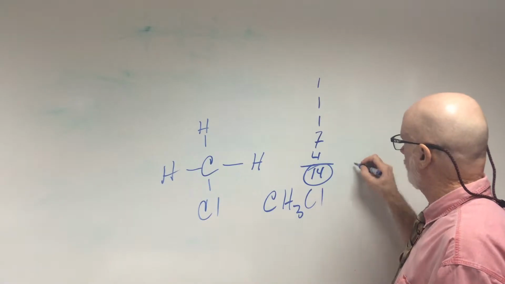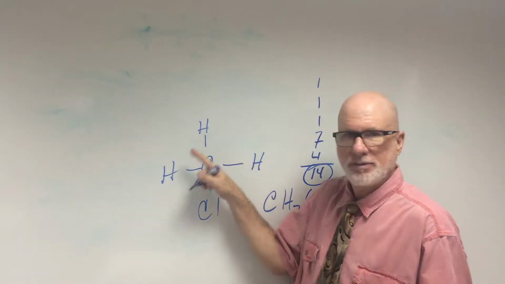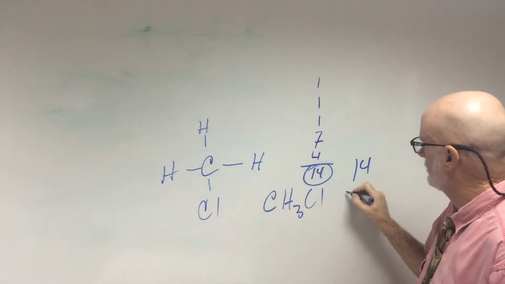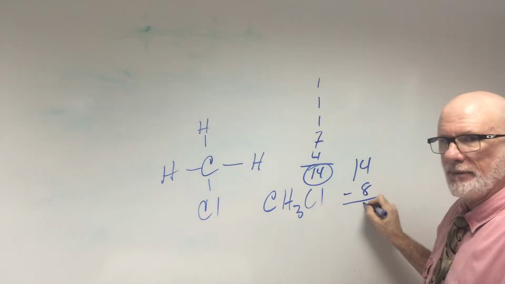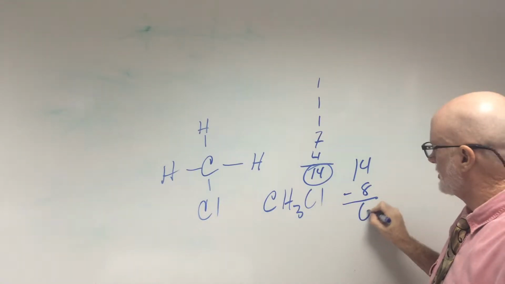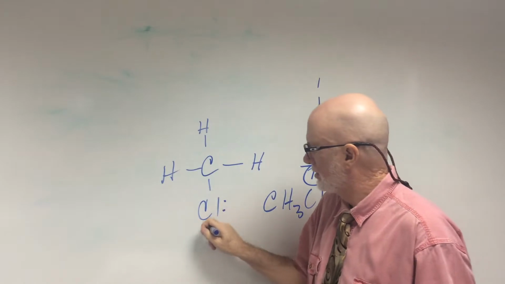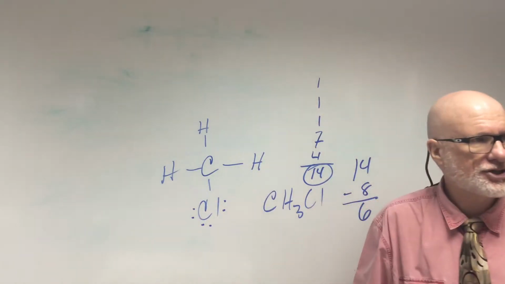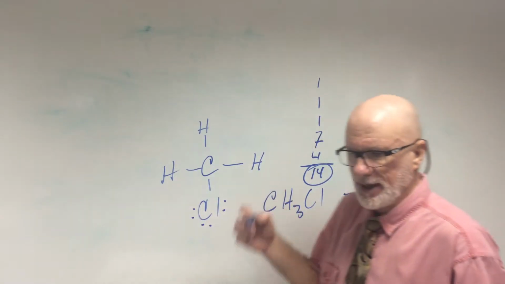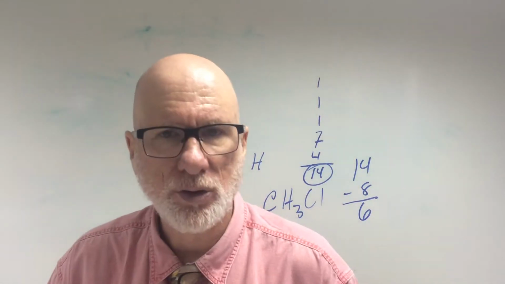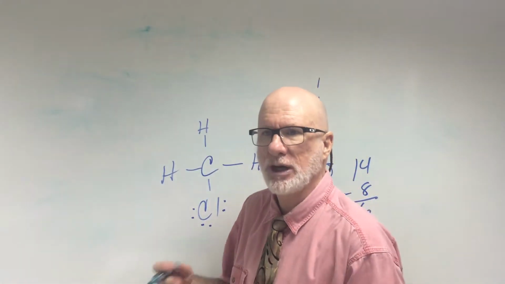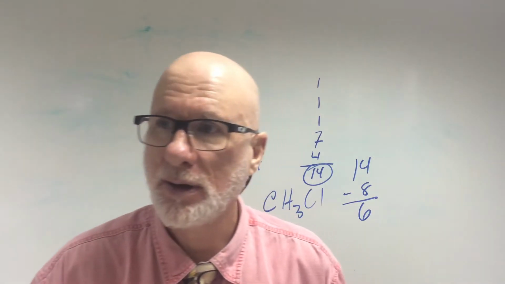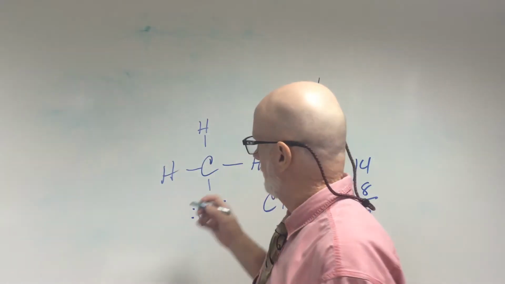Then you take 14 minus 8, which is 6. The hydrogens are satisfied, so you get this. Now you look at the electronegativity table. You're going to need your own electronegativity table copied onto your notes.